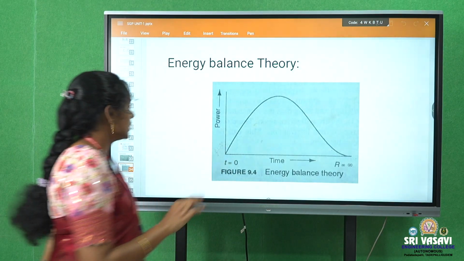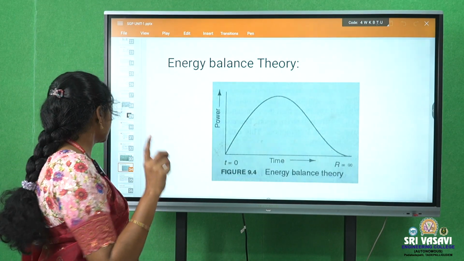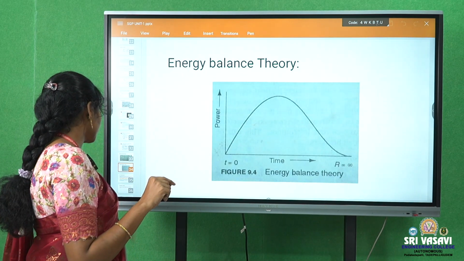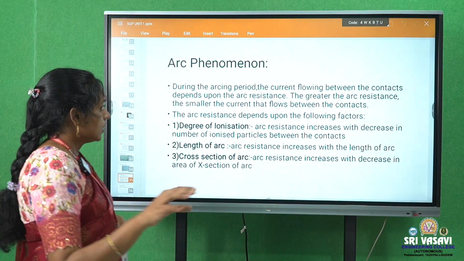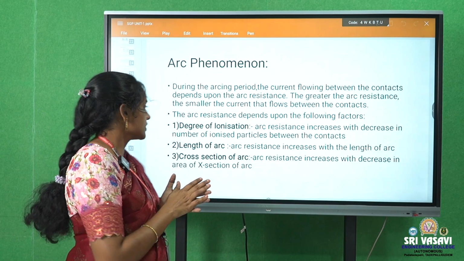That is about energy balance theory. These two theories, recovery rate theory and energy balance theory, are both current zero interruption type. And this arc phenomenon occurs in low voltage and high voltage cases also.